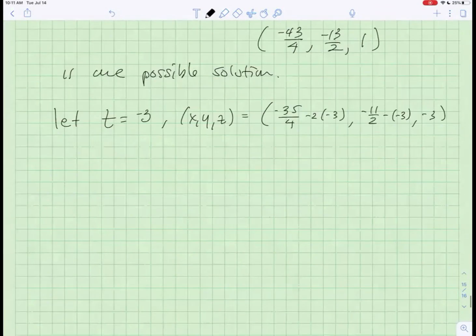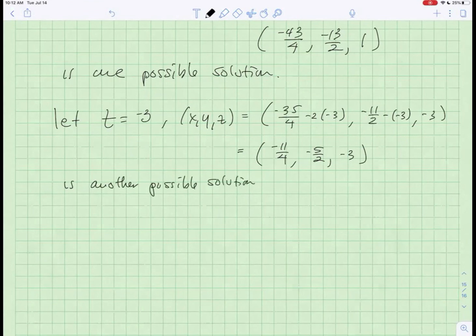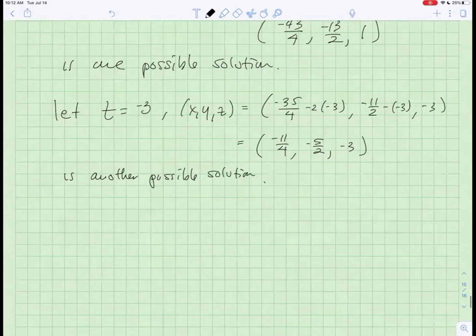That will simplify to be, let's see, a plus 6. 6 is 24 fourths. Negative 35 plus 24 is negative 11 fourths. Plus 3 is plus 6 over 2, is negative 5 halves, negative 3 is another possible solution. And the list goes on as you choose more and more values of t.